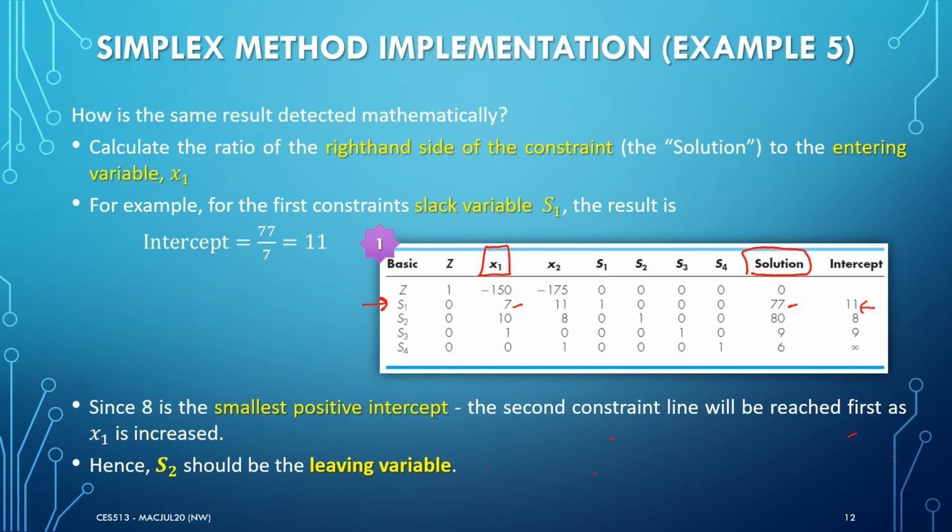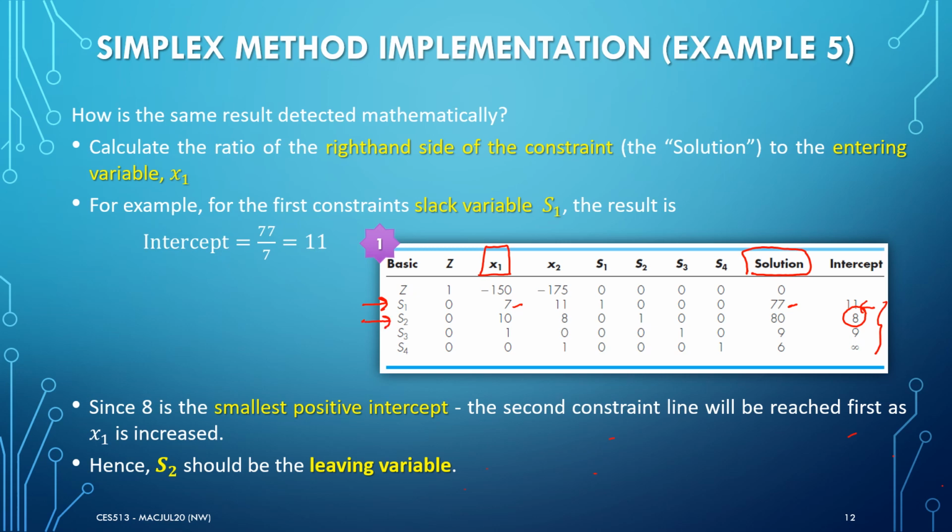Then the remaining intercepts can be calculated and listed as the last column of the tableau. Because 8 is the smallest positive intercept, it means that the second constraint line will be reached first as x1 is increased.